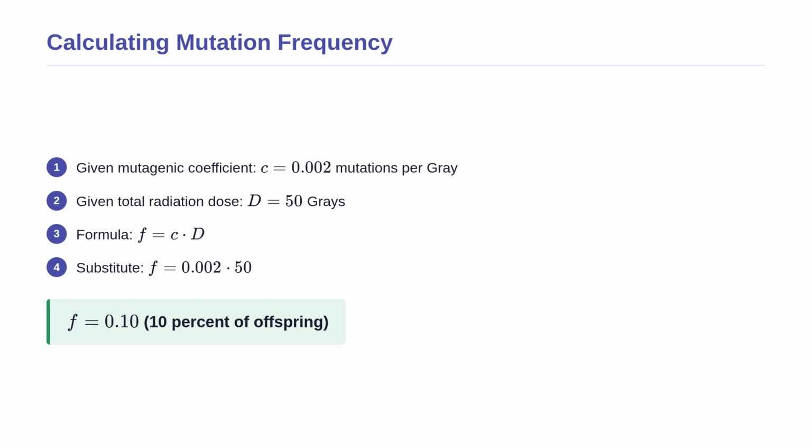We use our linear dose-response formula, F equals C times D. Substituting the values, we multiply 0.002 by 50. This gives us 0.10. Physically, this tells the researcher that if they expose the flies to 50 grays of X-rays, they can expect exactly 10% of the offspring to carry a new mutation. This allows the scientists to plan their experiment properly.